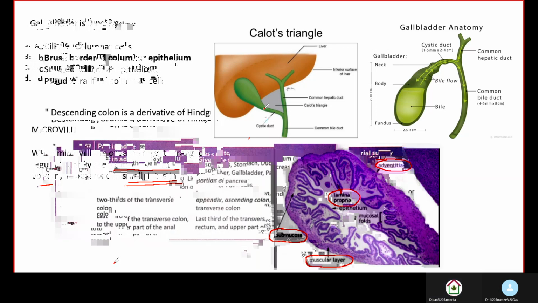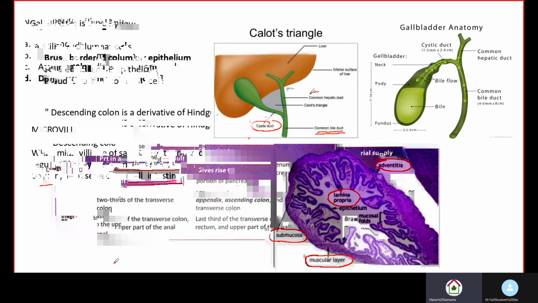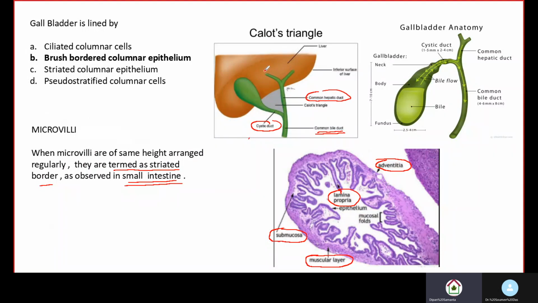Like this is cystic duct of gallbladder, and this is common hepatic duct, and this is right hepatic, left hepatic duct, and this is common bile duct, CBD. Common bile duct is formed by cystic duct and common hepatic duct.